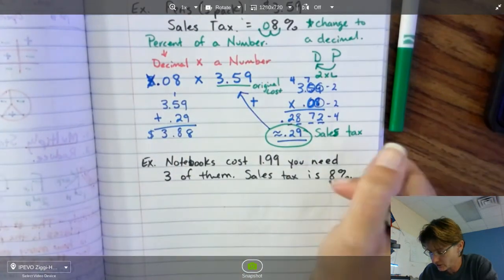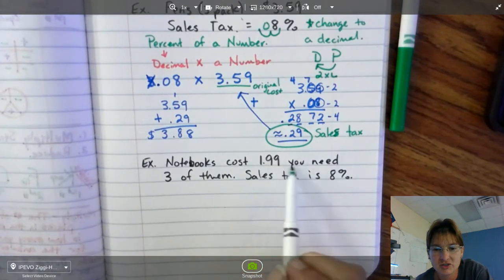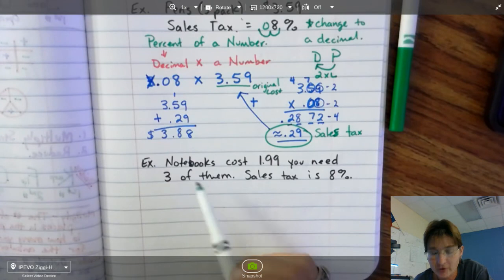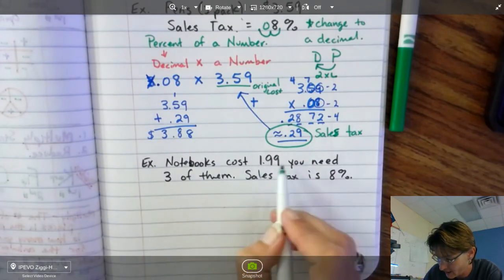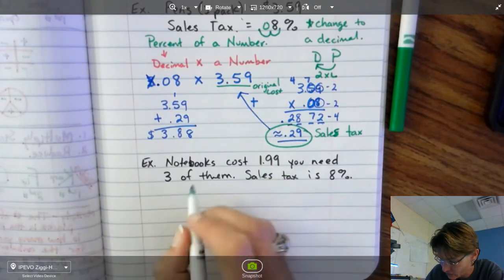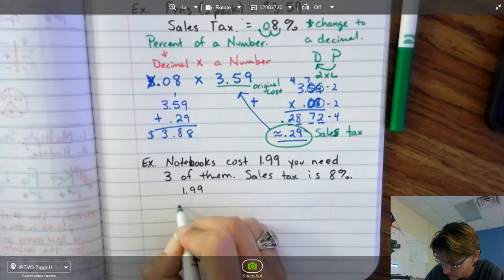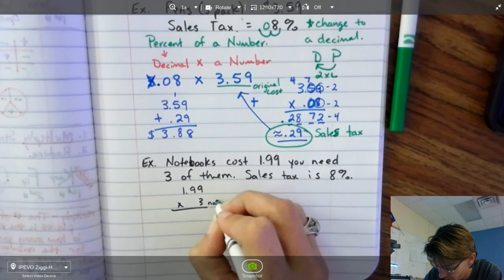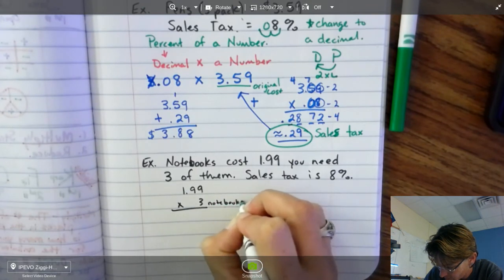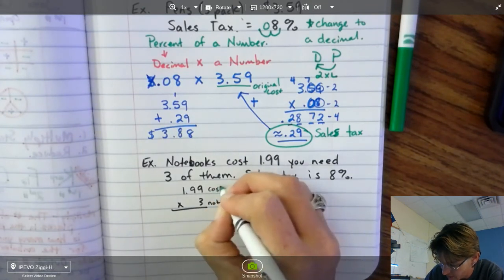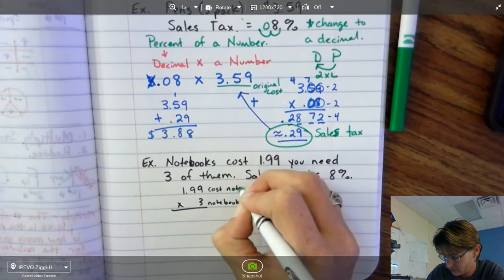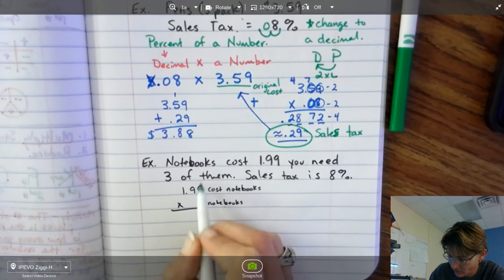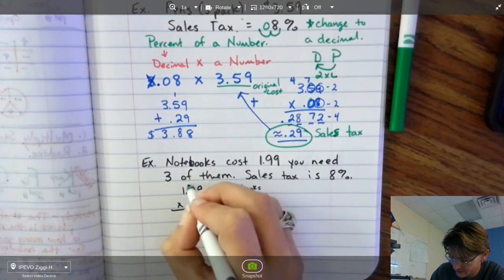So in this scenario, I don't just have one notebook, I have 3. The first thing you need to do is multiply 1.99 times your 3 to get your cost for 3 notebooks. This is the cost of the notebooks. 3 times 9 is 27.